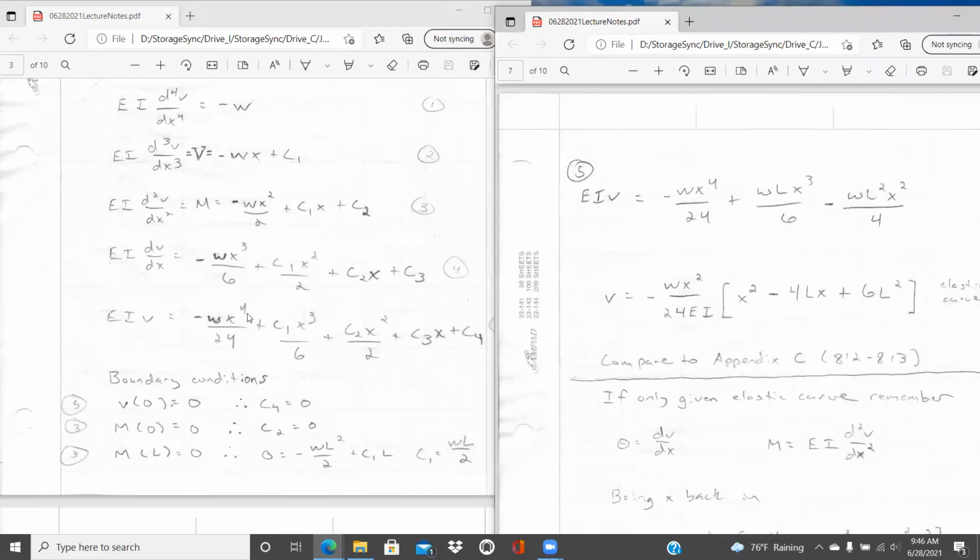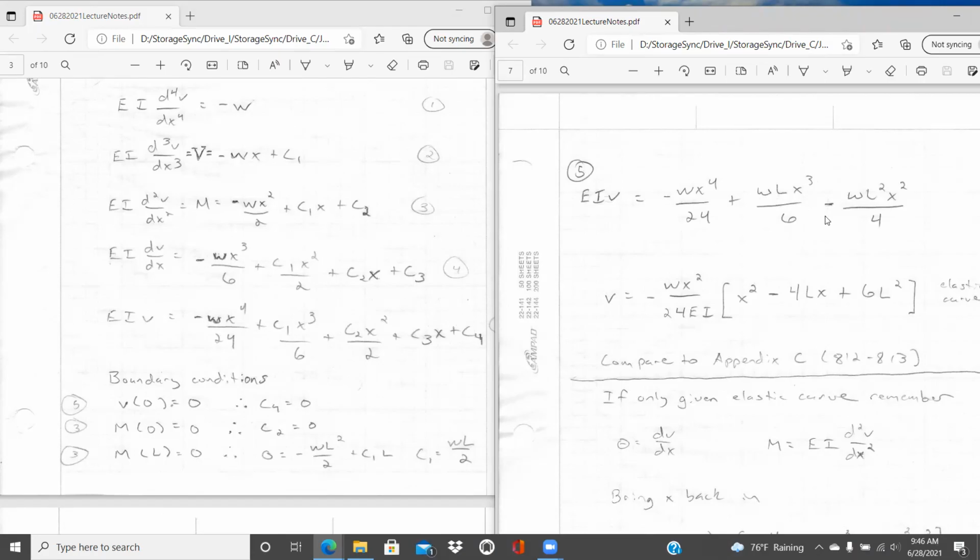We'll have a minus Wx to the 4th over 24. Plugging our constants of integration in, we'll end up with a WL x cubed over 6. And we're plugging in for C1. C1 was WL, I remember.